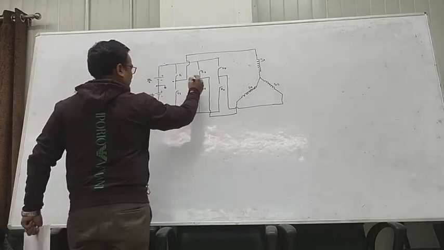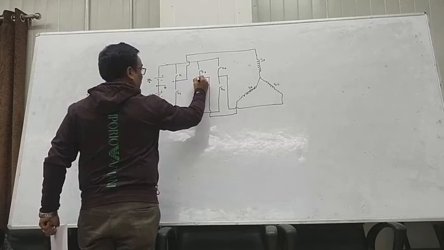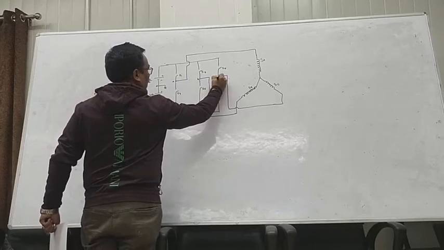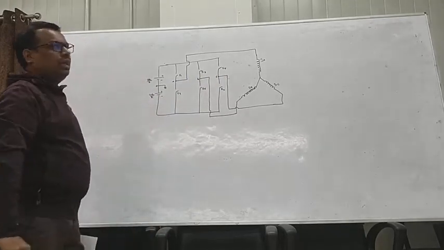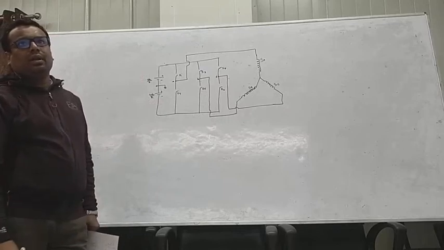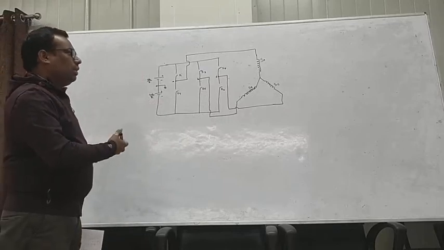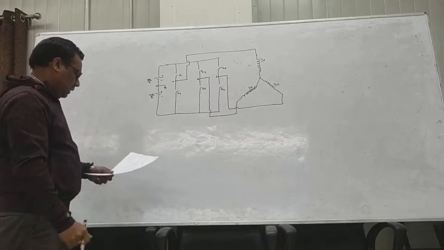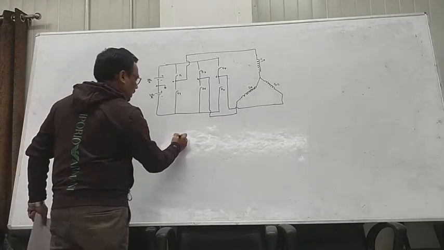This is phase A connected to leg A, leg B and leg C. This is the voltage source inverter, drawn for our understanding purpose.